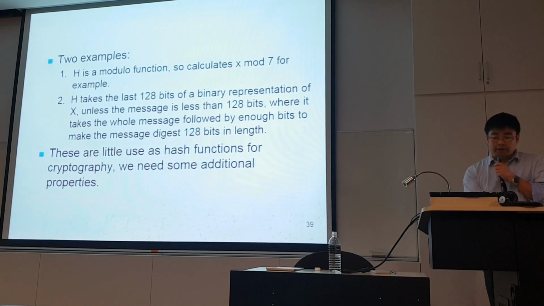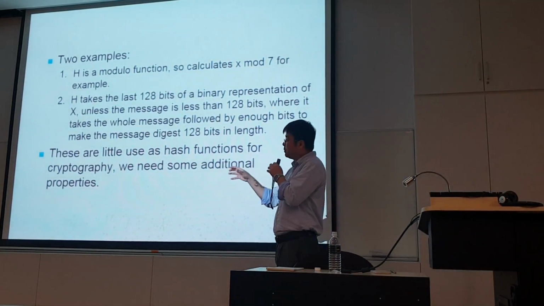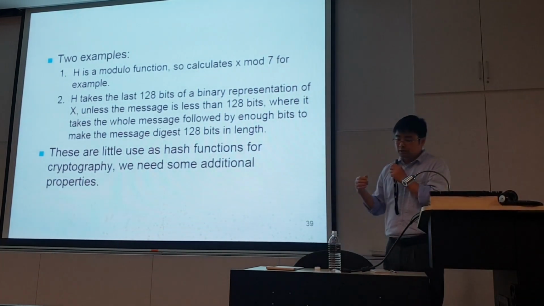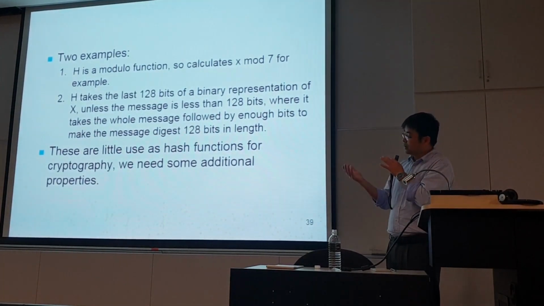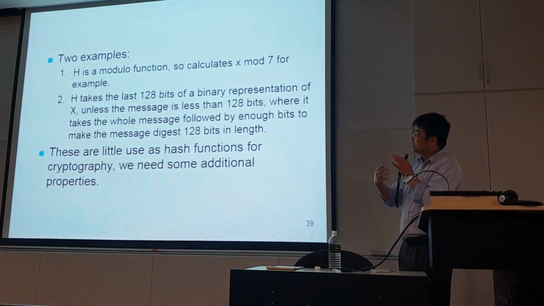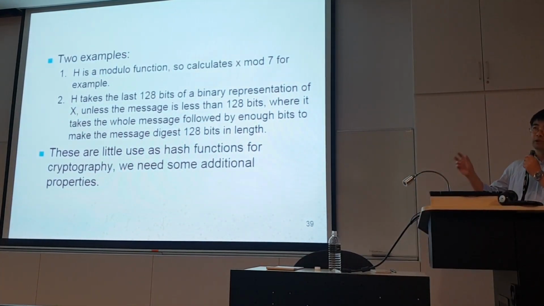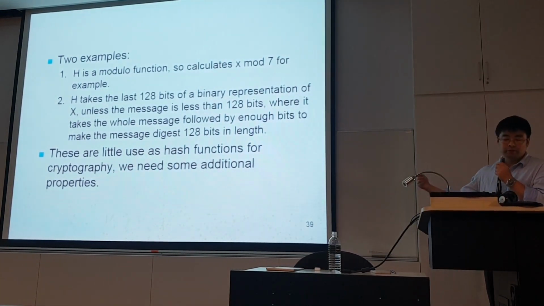So another way, you can just take a fixed part of the input. For example, you can take the least significant 16 bytes, or the most significant 16 bytes as the hash value. If you don't have sufficient input, maybe you can just do some random padding, or pad a lot of zeros.